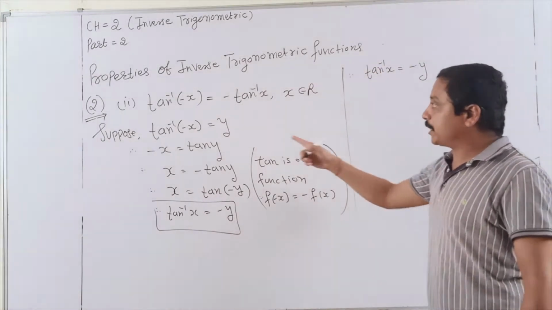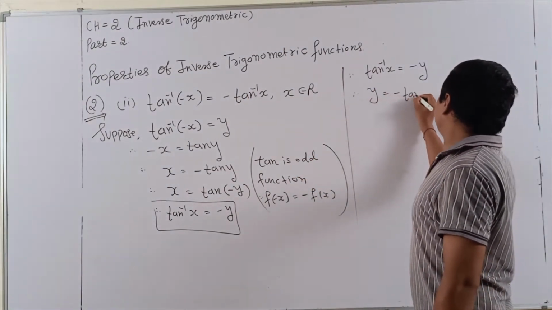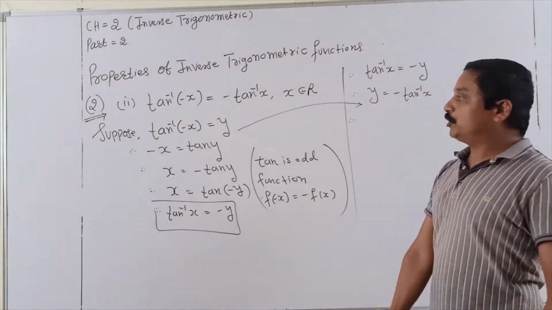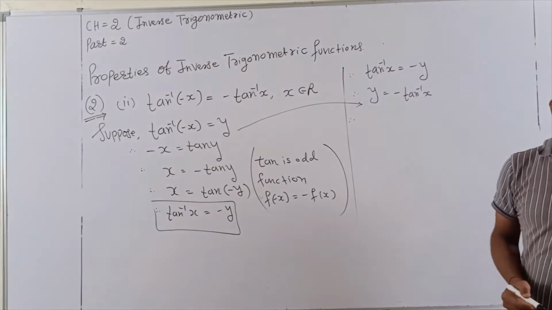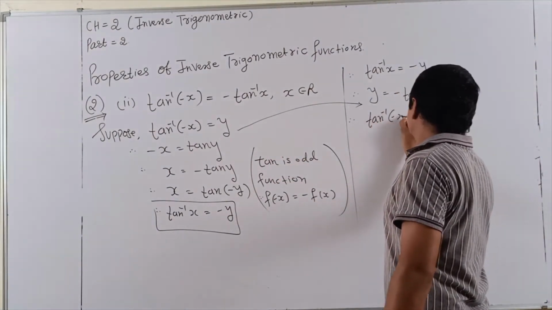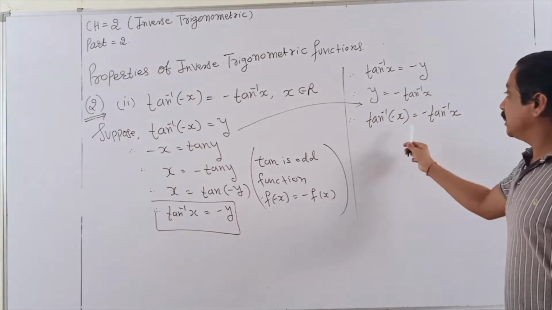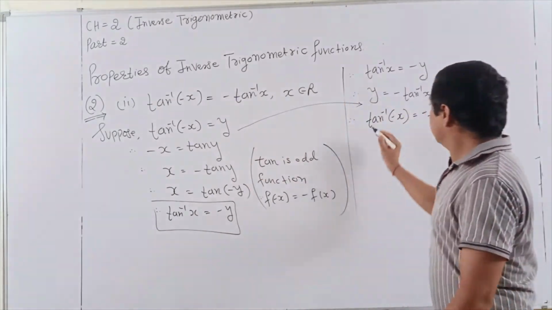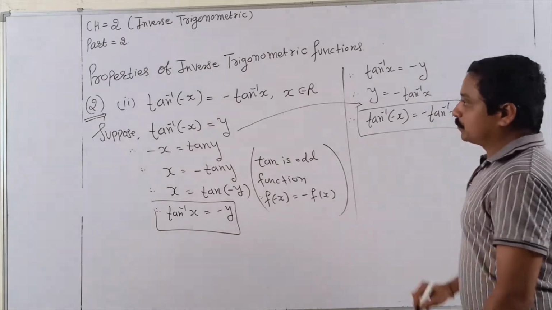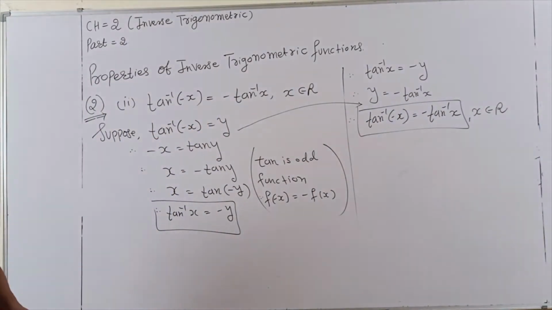Now look at your target: what is y? Minus tan inverse x. This y you already assumed, so putting that value, tan inverse of minus x is equal to minus tan inverse x. And that's how it is done, students, in the range x belongs to R. So theorem 2, property 2, is done here.